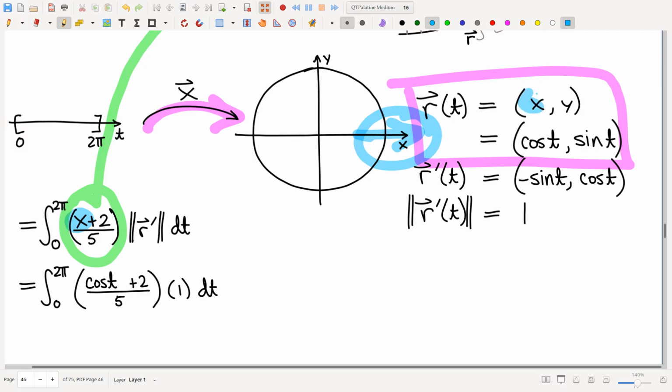And here it is specifically: x is cosine t. And we just plug that in, like so. Everybody with me? Everybody happy? Okay, and then single variable calculus. Y'all can do that.